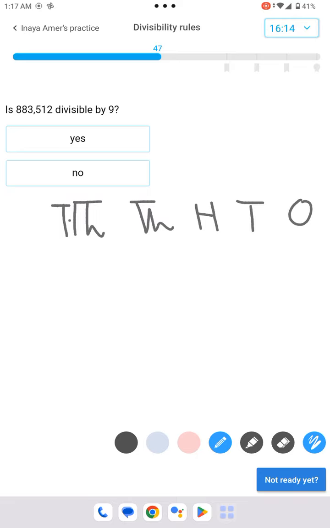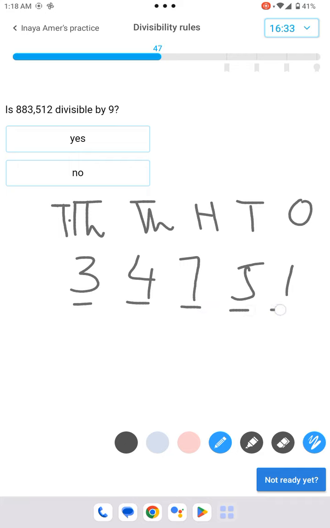For example, if you have a number like 3, 4, 7, 5, 1, you can add the digits 3 plus 4 plus 7 plus 5 plus 1, and then have a look.